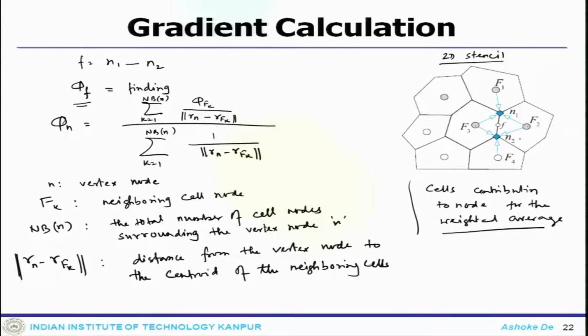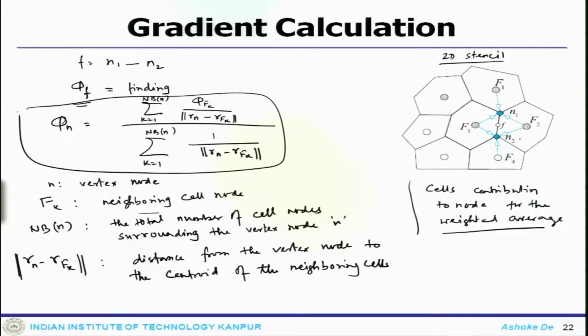So that is what it gives you back. You have all the information: the vertex node, the total number of nodes, the neighboring cell node, and then the distance from the vertex node to the centroid, and then you can get some sort of an average distance calculation.